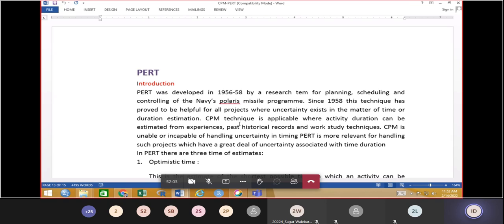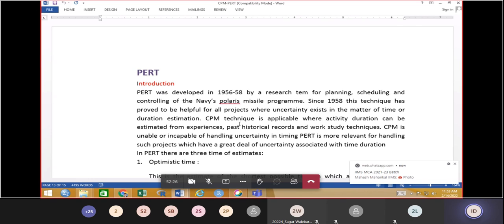CPM is applicable where activity duration can be estimated from experience, past historical records and work study techniques. In CPM, for each activity, the time to be taken is estimated using a person's experience or past historical data. But in PERT, it is not like that.